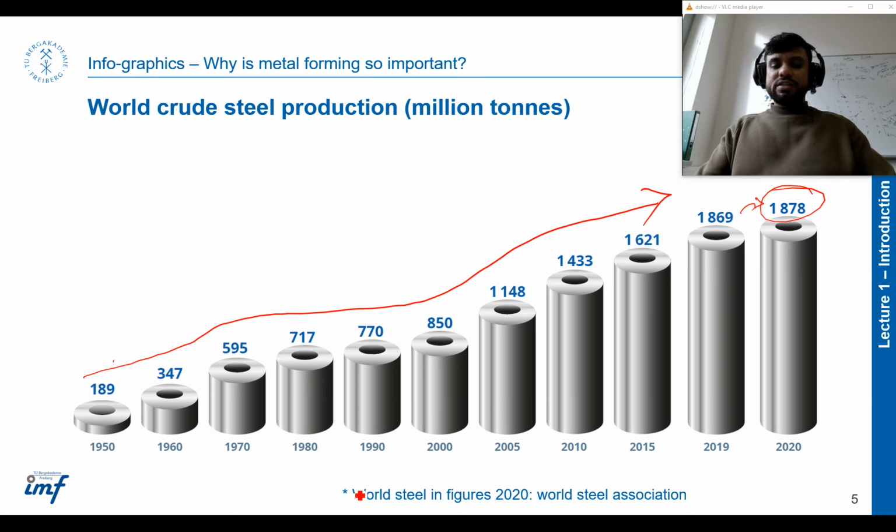The figures have been taken from the World Steel Organization, which takes care of all these facts and figures. So basically, a lot of crude steel is being produced every year.